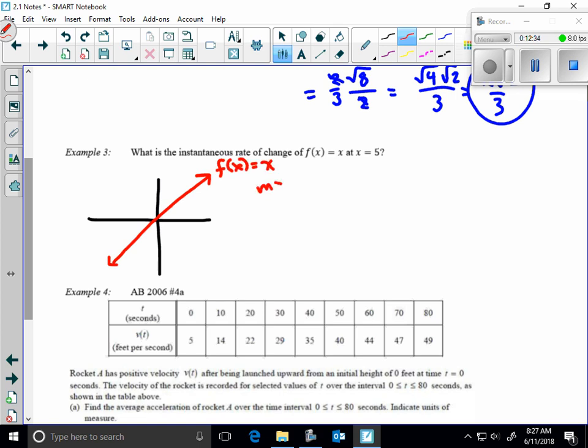And that line has a slope of 1 everywhere. So that includes when x equals 5. So what would be the slope of the function when x equals 5? Well, the instantaneous rate of change would be 1. So instantaneous rate of change would equal 1.